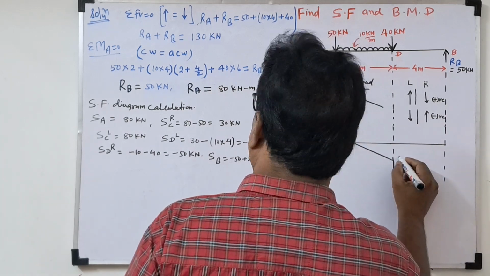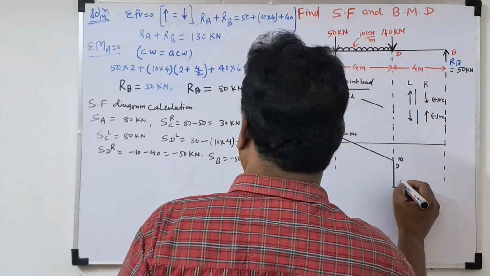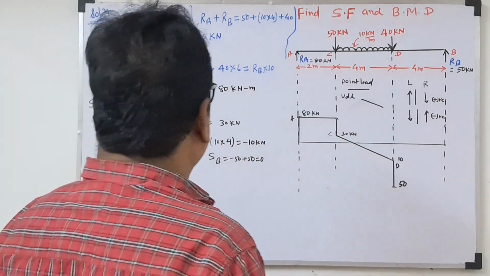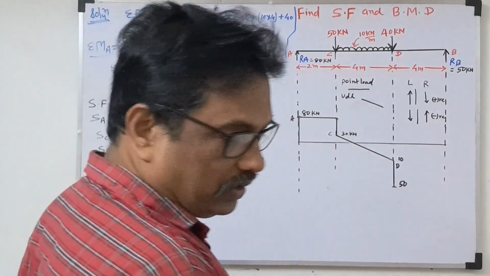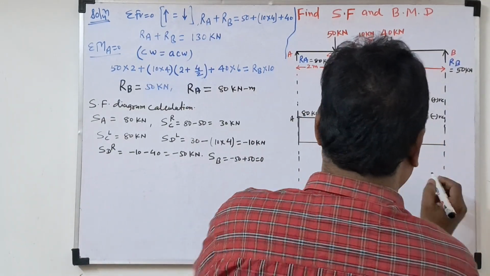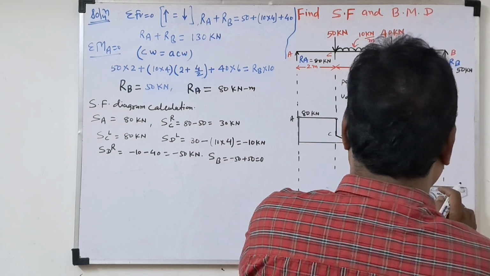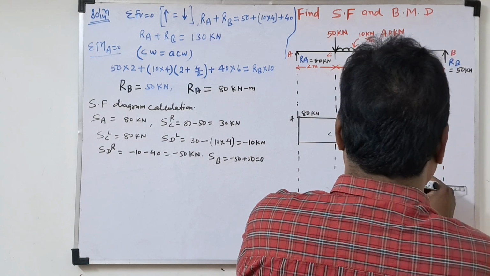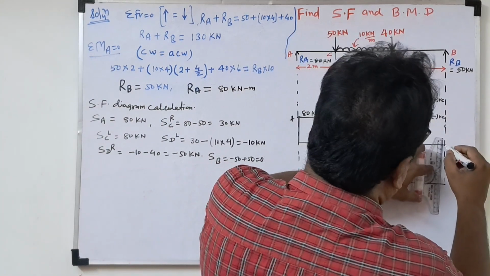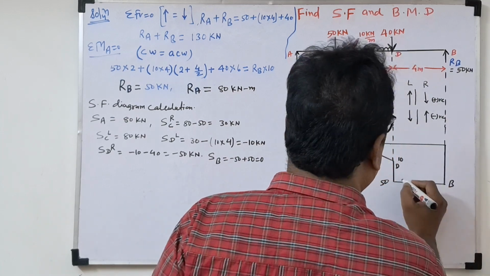This is 10, this is SDR 50. Then SB is 0, so it will draw a horizontal line here. So write 50 on this side, and 0. This is the shear force diagram at point B.